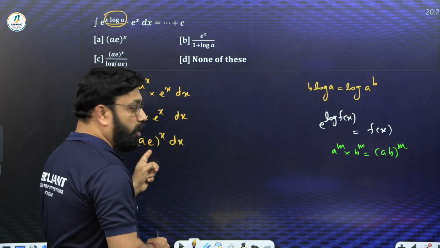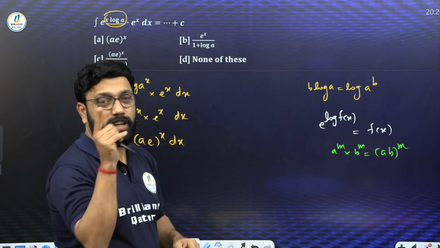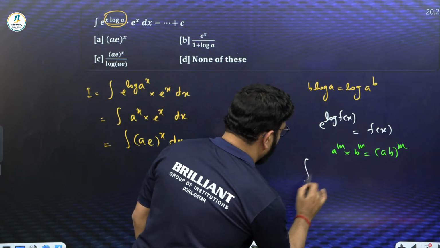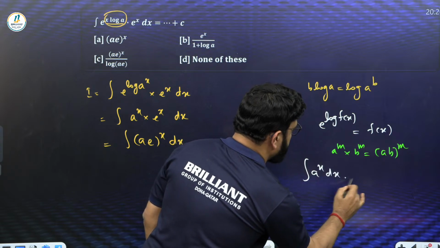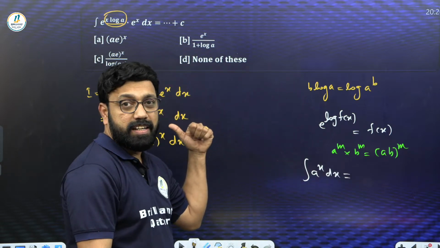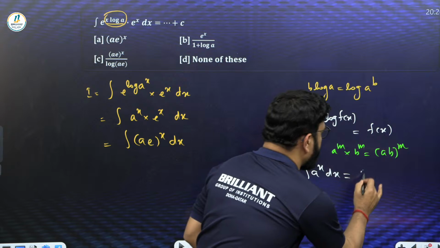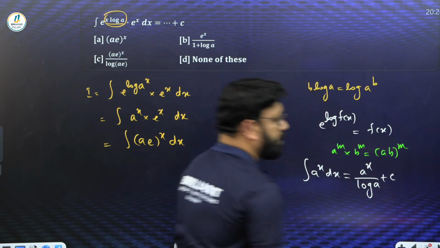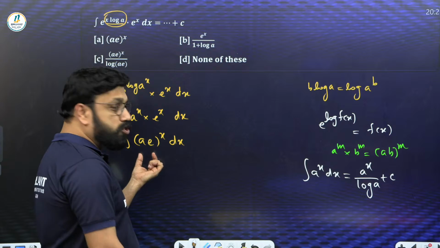Then what is the integral of constant power x, or a raised to x? Once again, what is the integral of a raised to x dx? Just in the previous question we discussed the same: a raised to x divided by log of a plus c. Here a is a constant term.